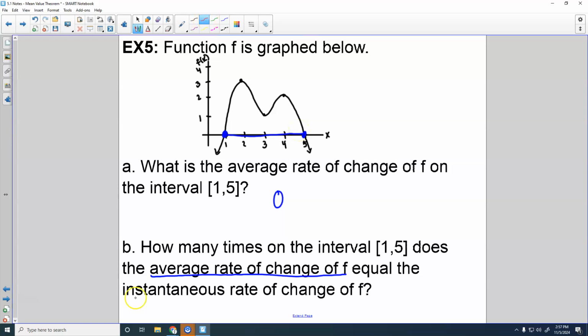Instantaneous rate of change of f, what is that? It is your derivative, which is the slope of your tangent line. How many times is my tangent line going to be a horizontal line here? 3 different times. It happens right here at that maximum, right here at this minimum, and again right here at that maximum. So it would be 3 times.